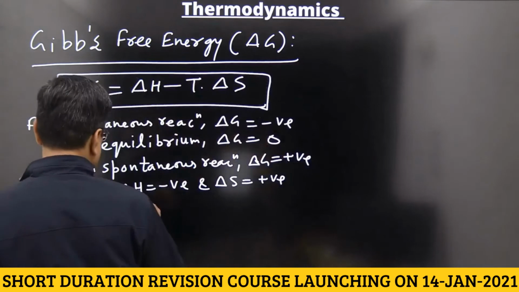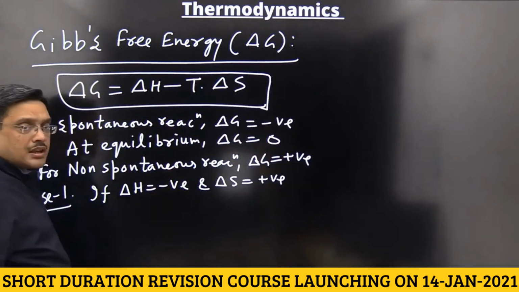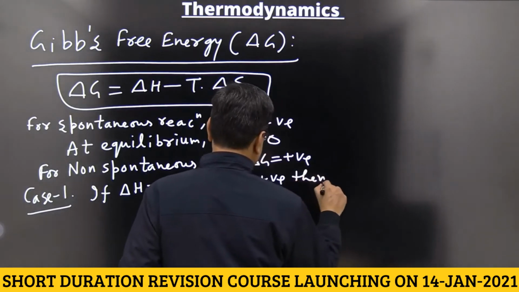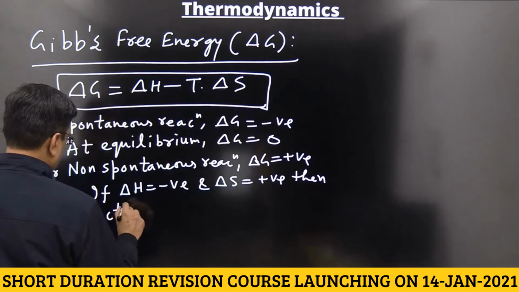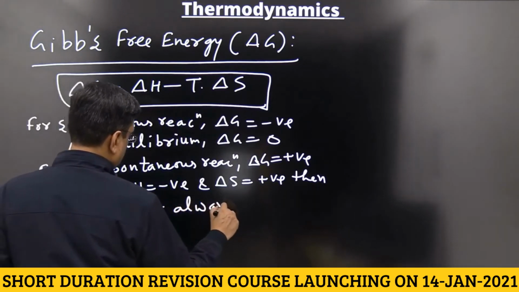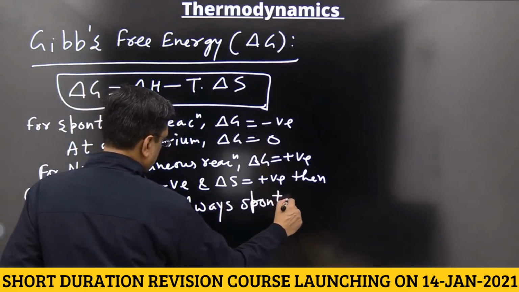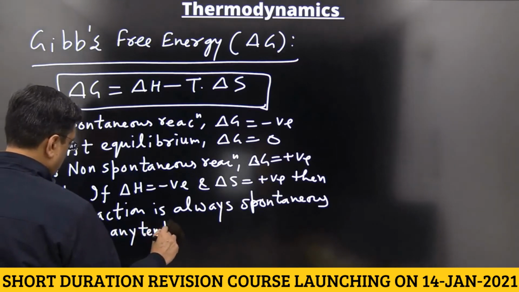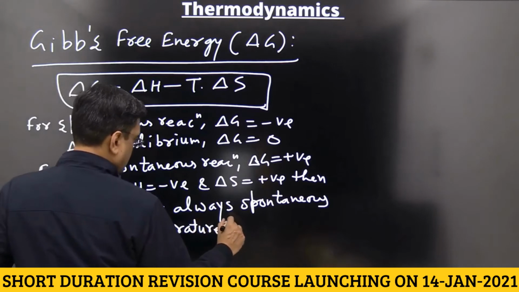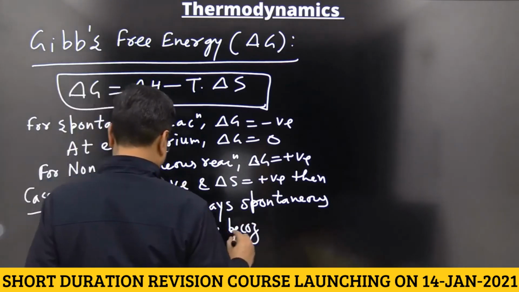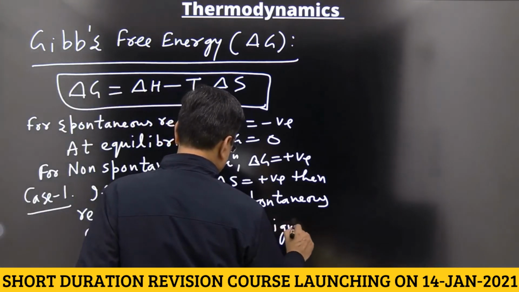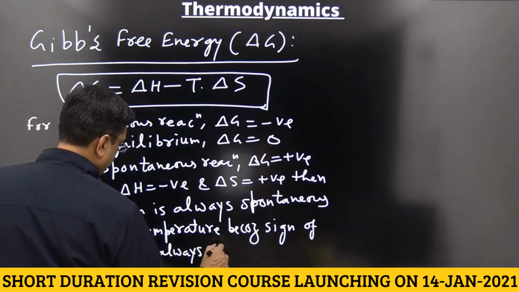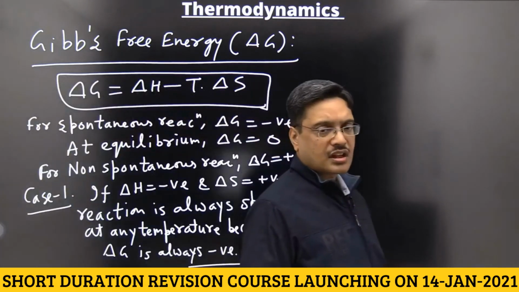So under these conditions, when the reaction is exothermic and entropy increases, the reaction is always spontaneous at any temperature, because the sign of delta G is always negative. This is the first case.